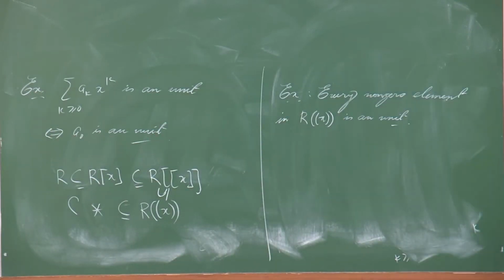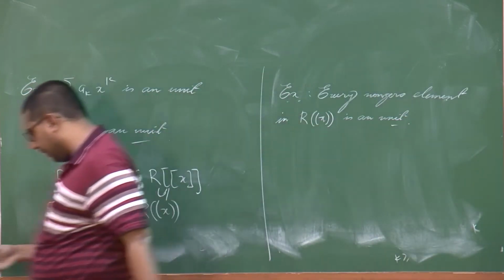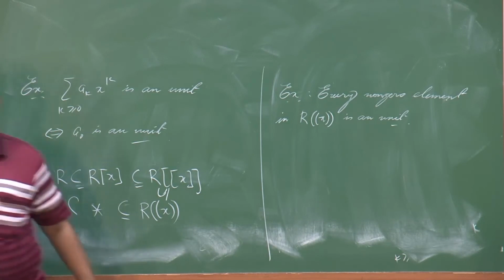Next example we will talk about is complexification of a ring. The reason for calling this complexification is that it exactly generalizes the procedure of constructing C, the field of complex numbers, from that of real numbers. Okay.